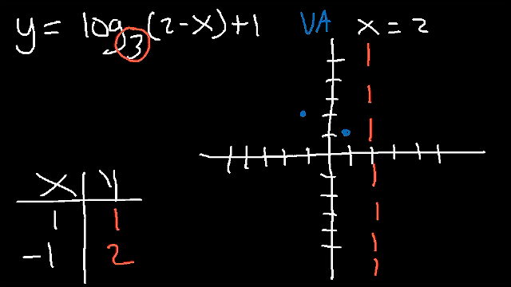So the graph is going to start from the vertical asymptote and it's going to follow these 2 points. So it's going to look like this. Notice that we have a negative in front of the x and a positive in front of the log. So negative x, positive y, that's quadrant 2. So it's going to go to the left and up.